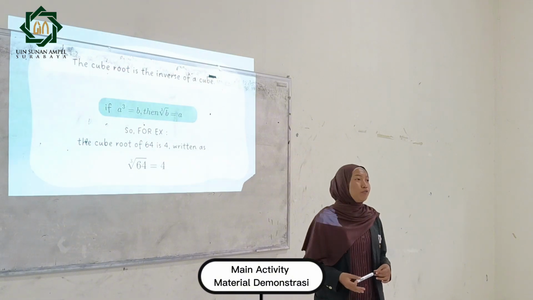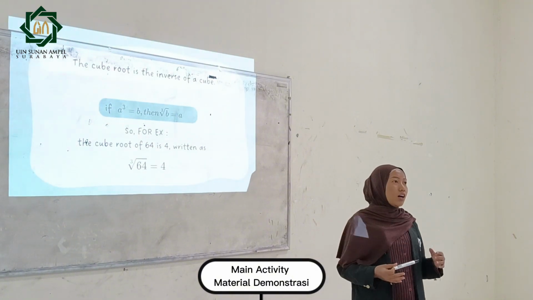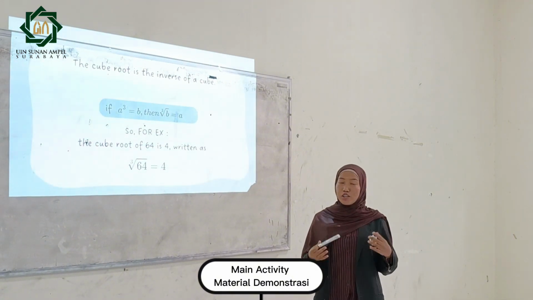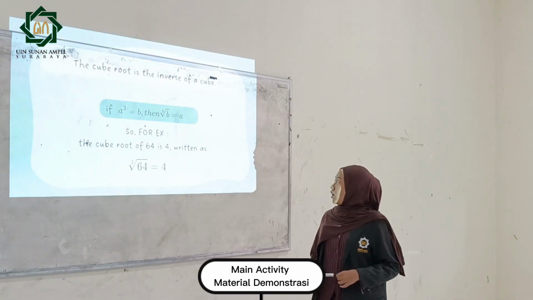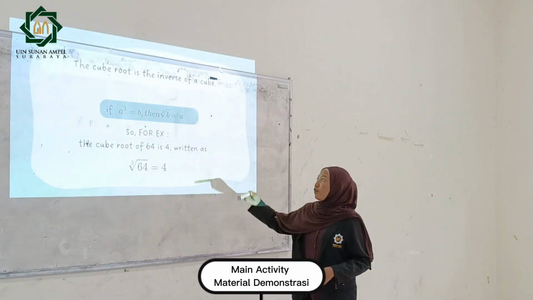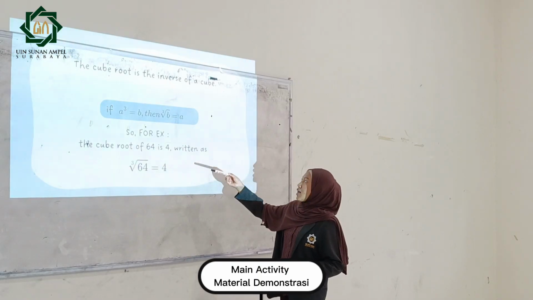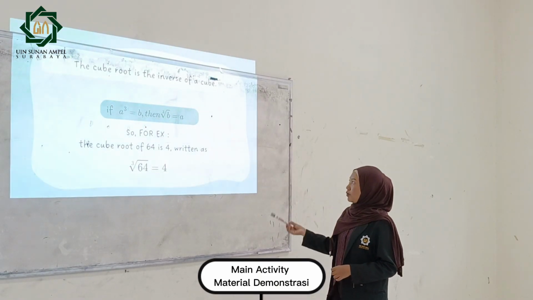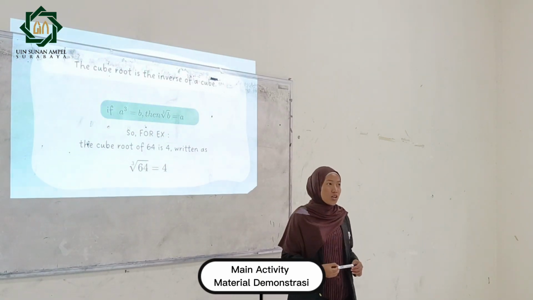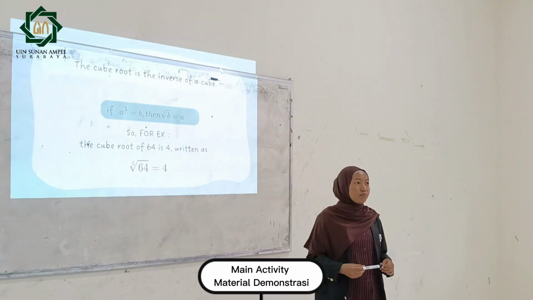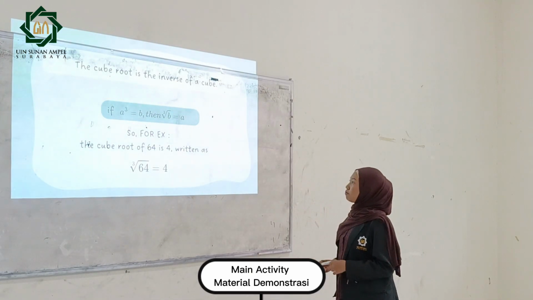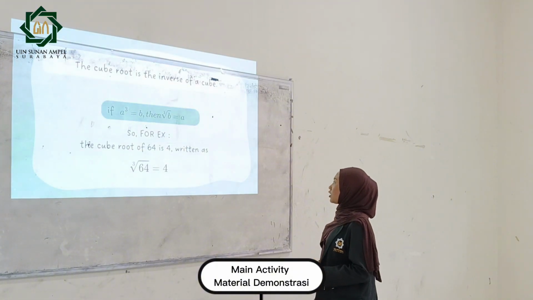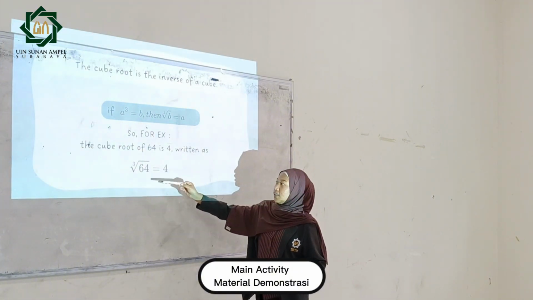That means if cubing a number makes it bigger, finding the cube root brings it back to the original number. Look at the formula here. If a cubed equals b, then the cube root of b equals a. In symbols, we write it like this. For example, the cube root of 64 is 4.